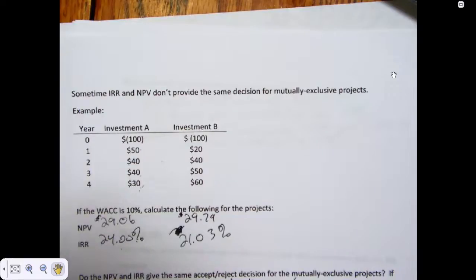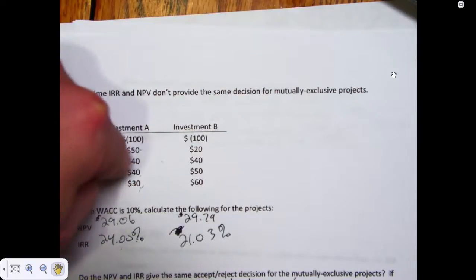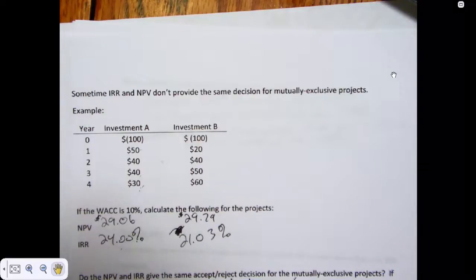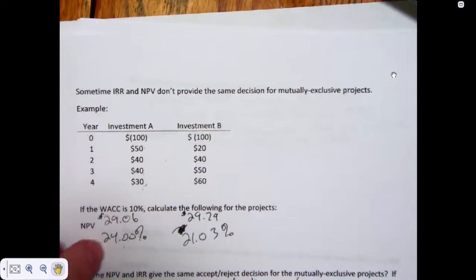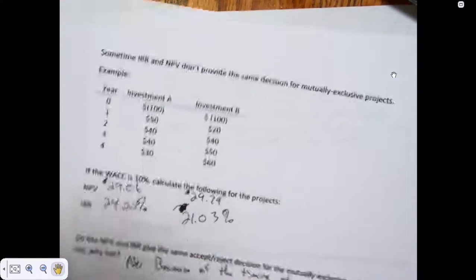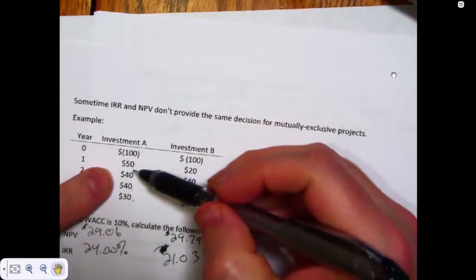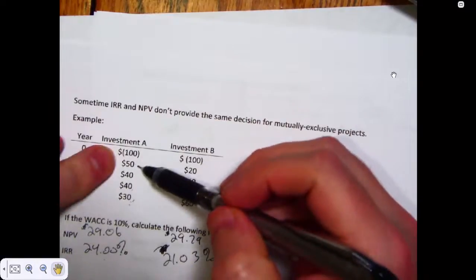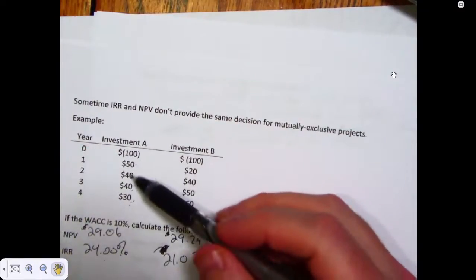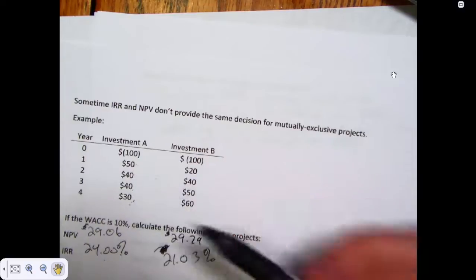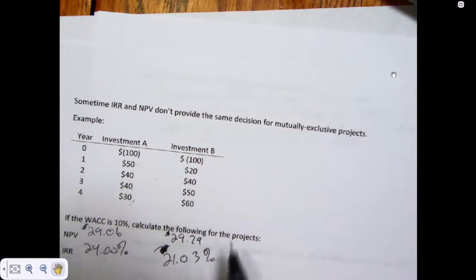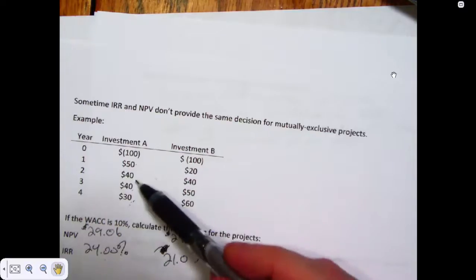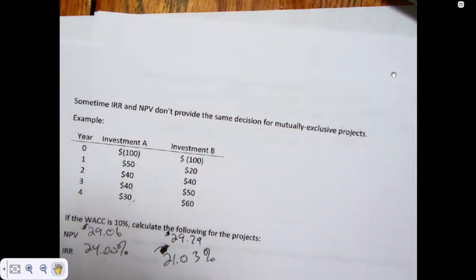So if we have larger cash flows earlier on in a project, IRR will tend to give an advantage to that project because it's a big cash flow early in the project reinvested at the 24%. NPV says, okay, we have $50. What's our assumption about reinvestment? We're going to reinvest that back at the weighted average cost of capital. In this case, it's 10%. So this $50 will be reinvested at 10% instead of 24%.